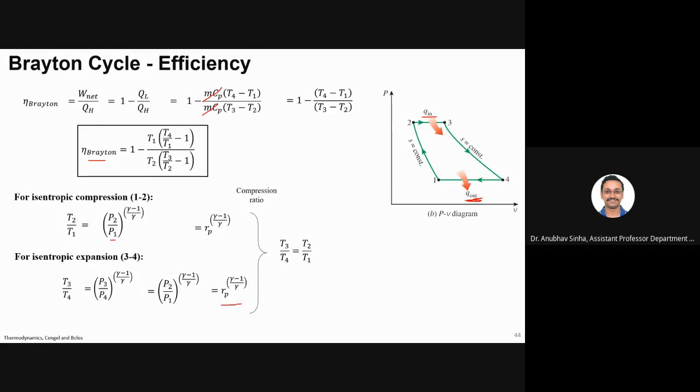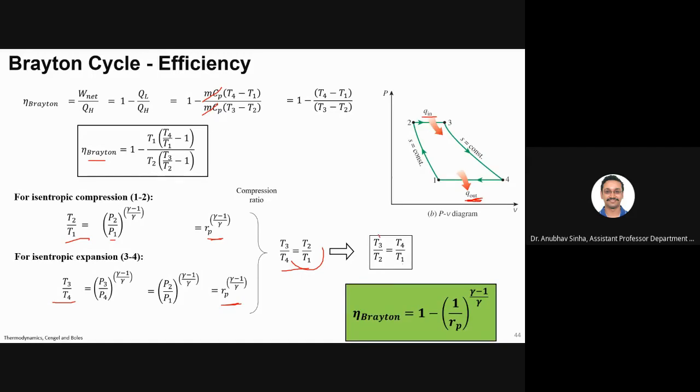So from these two, we can say that T4 by T3 is equal to T2 by T1. They have the same values, so these two temperature ratios are the same. Or if we do some rearrangement, I can say T3 by T2 is equal to T4 by T1.